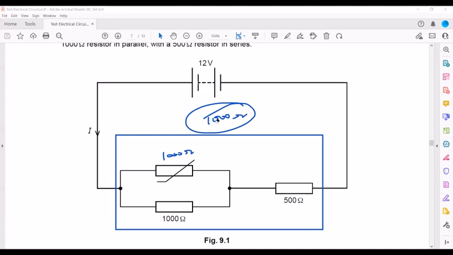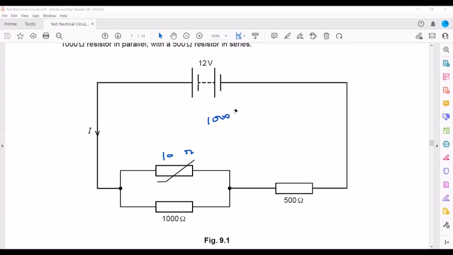But now they're saying that the temperature increases, so the resistance of the thermistor decreases. For example, say it is 100 ohm. The thermistor resistance changes. So what is the combination of these two? 100 multiplied by 1000, divided by 1100. So the combined resistance of these two will be 90.9 ohm. And this is 500. So what happened?